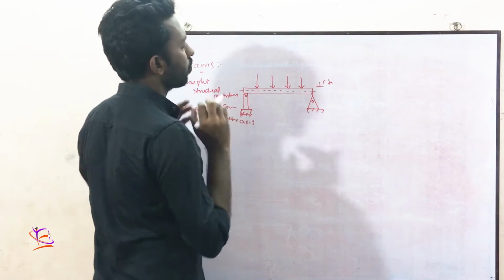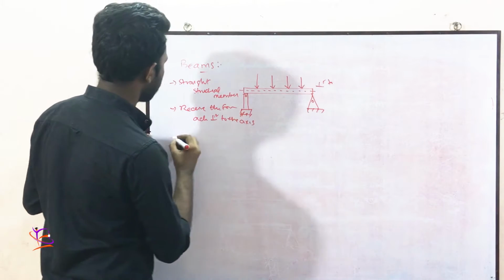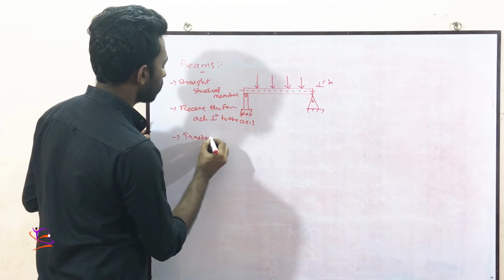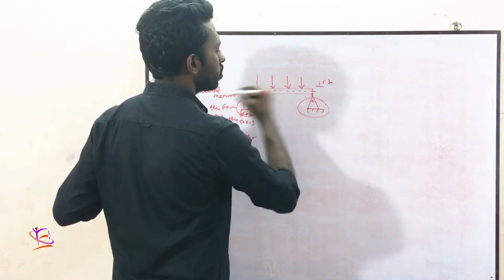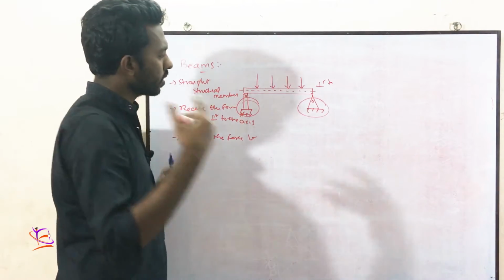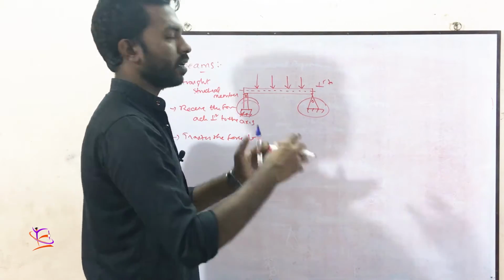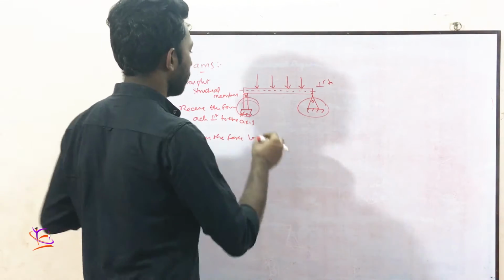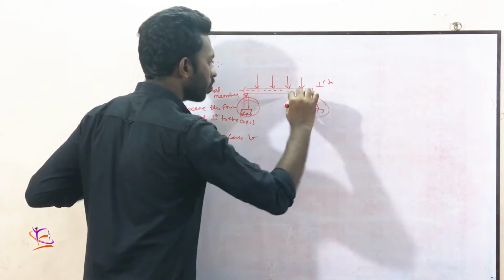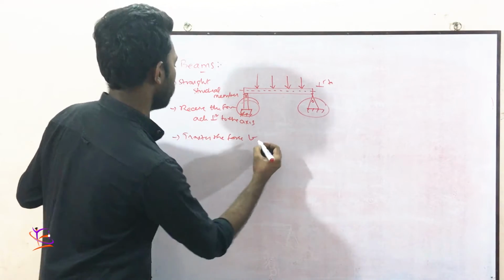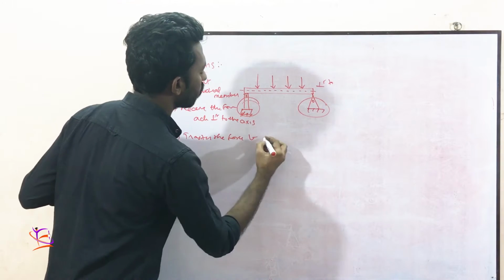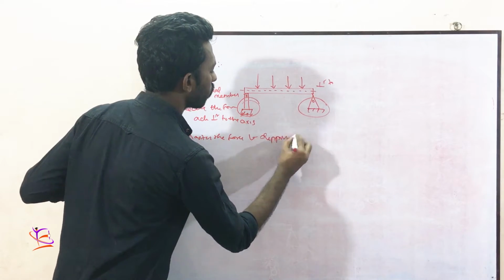So it receives the force acting perpendicular to the axis and transfers the force to the supports. This is a support. On the construction side, we can say there is a column or a wall, whatever it may be. But here we will see some basic types of supports, which we are going to study later. So it transfers the force to the support.